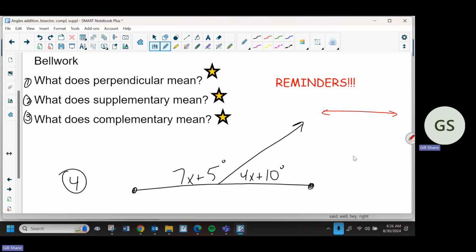Like, if you forget that a line is 180, here's 2 quick ways to remember. 1, how many degrees in a right angle, we said. Most of you know that one. 90, right? So if I take a right angle and I add another right angle to it. So again, take a right angle, 90 degrees.